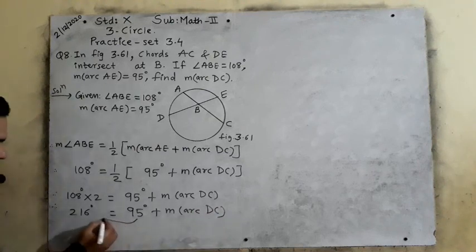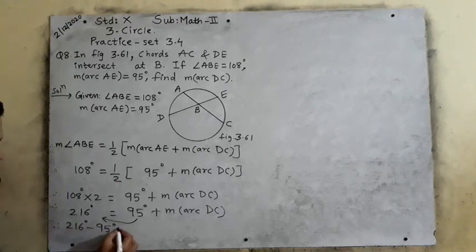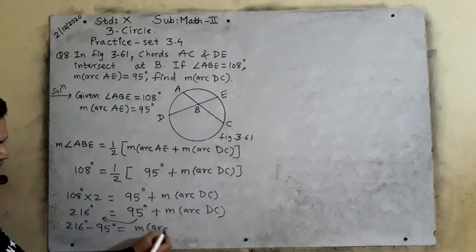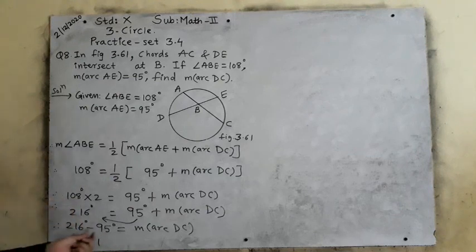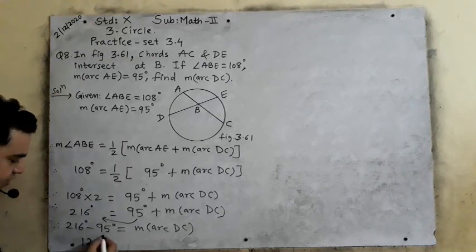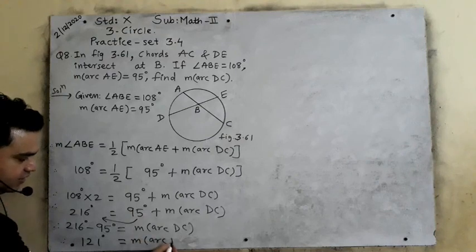Now this 95 will come here and subtract. Therefore 216 minus 95 degrees is equal to major arc DC. 6 minus 5 is 1, and 21 minus 9 is 12. Is it clear? So the total is 121 degrees.